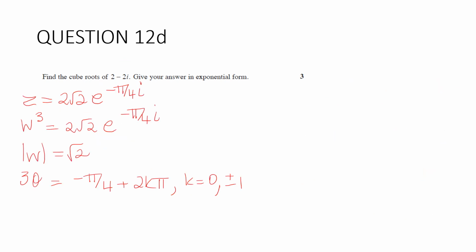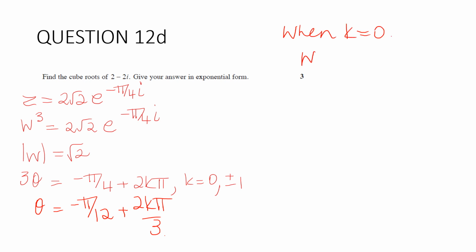Theta is equal to negative pi on 12 plus 2k pi on 3. Okay, when k is equal to 0, we have w1 equal to root 2 e to the negative pi on 12 i.